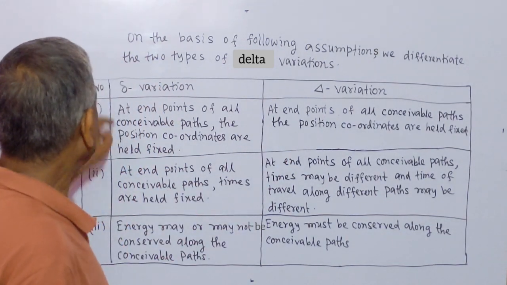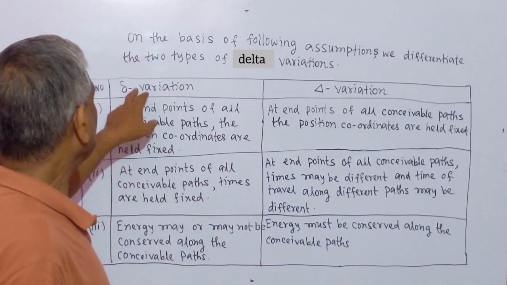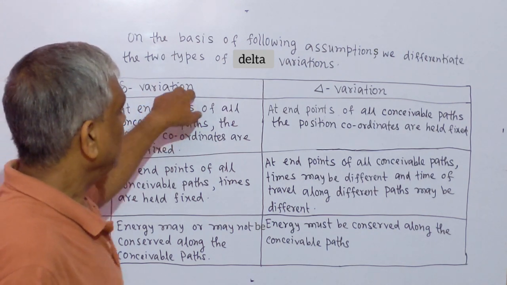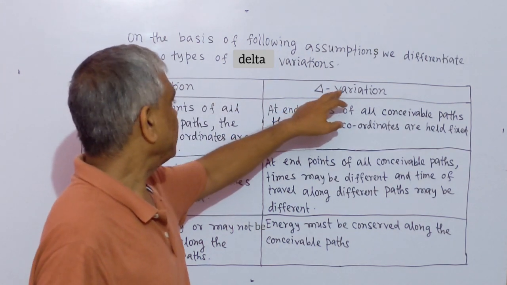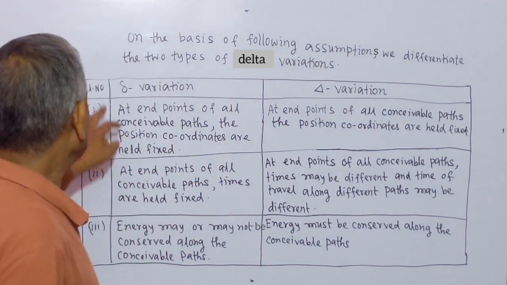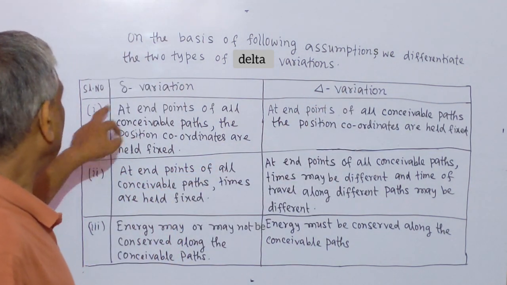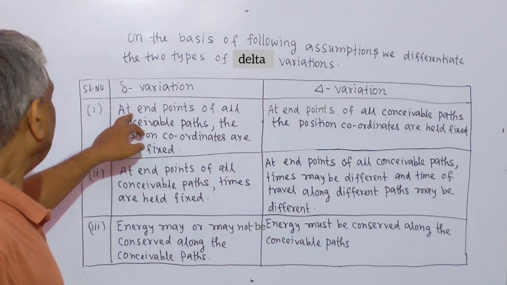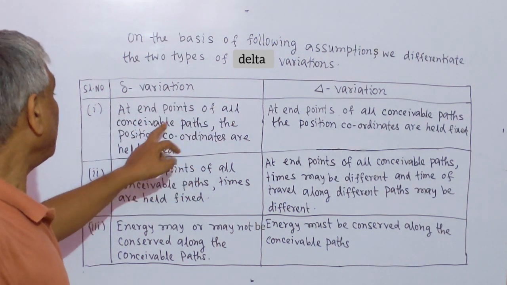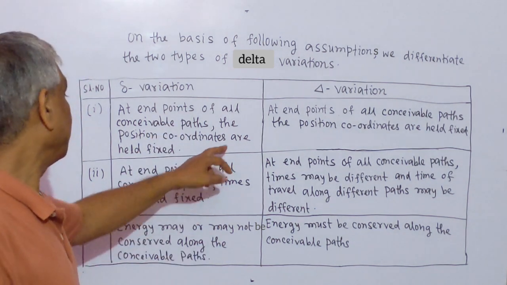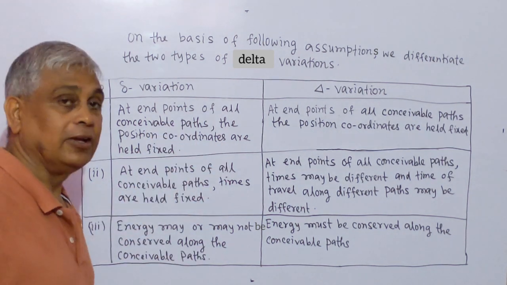First column is serial number, second column is lowercase delta variation, and third column is uppercase delta variation. Serial number 1. For lowercase delta variation, at the endpoints of all conceivable paths, the position coordinates are held fixed.